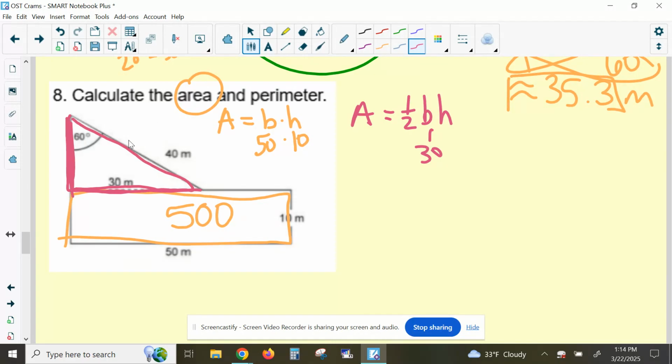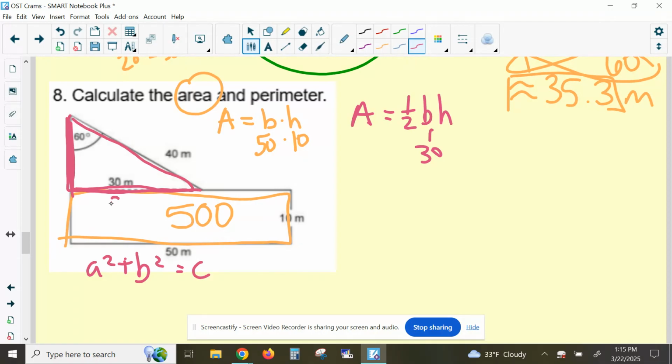But this is clearly a right triangle, so I can use some trig, or I can use Pythagorean theorem. And actually, for this problem, you could do either one you want. I'm going to go ahead with Pythagorean theorem because I have this side and this side. So I'm going to do a squared plus b squared equals c squared.